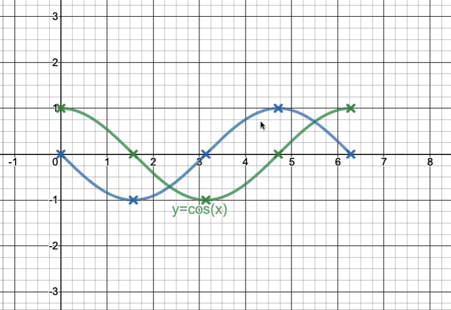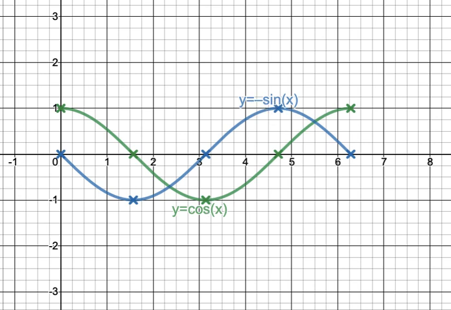We join those blue lines, and the simplest way to think of this blue line is that it is the graph of sine x, but reflected across the x-axis. So this is just the graph of negative sine x, and it is. So the derivative of cos x is actually negative sine x.